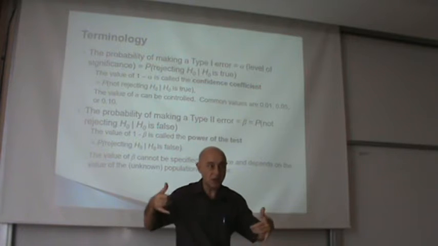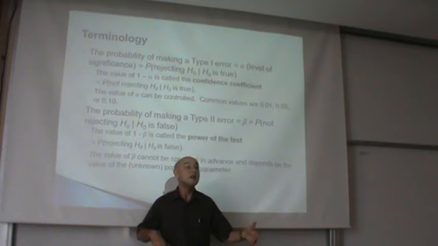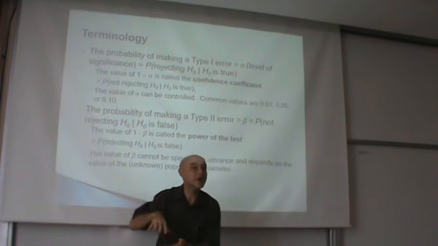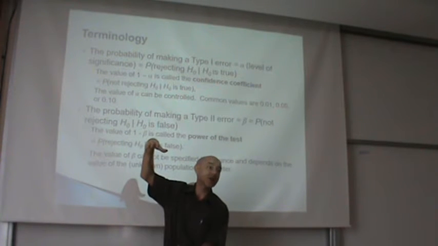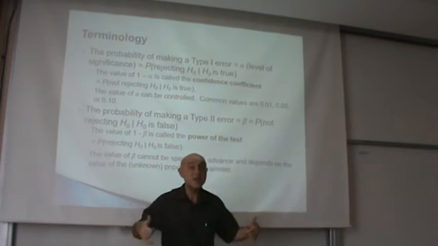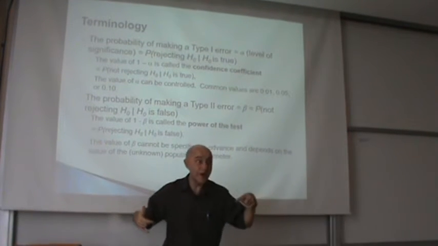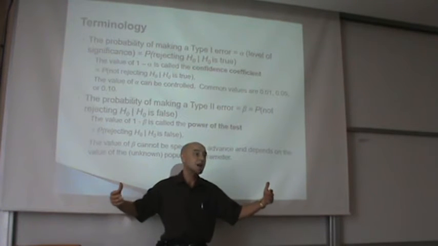So, there is a general trade-off between the one error and the other error. The only way to reduce the one error is that you will have to take the risk of increasing the other error. You can't improve both at the same time. The only way is by increasing the sample size.